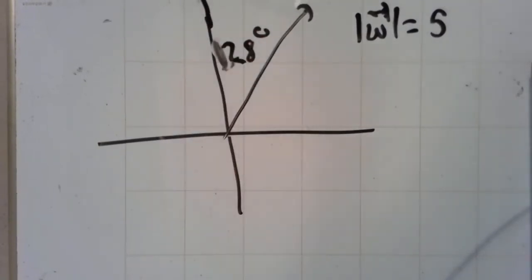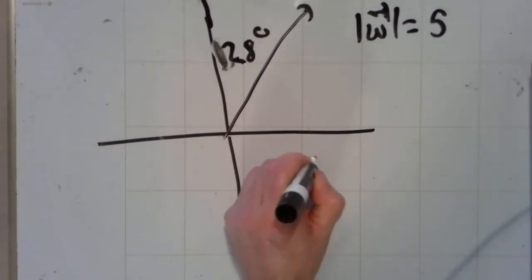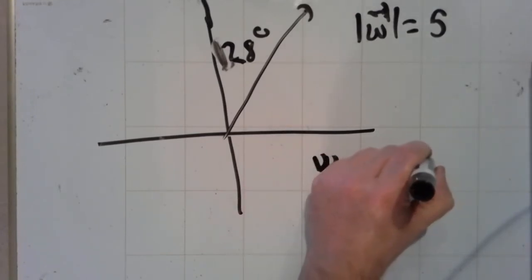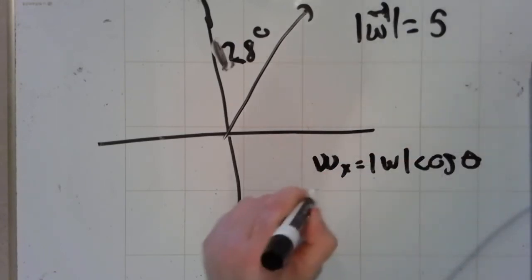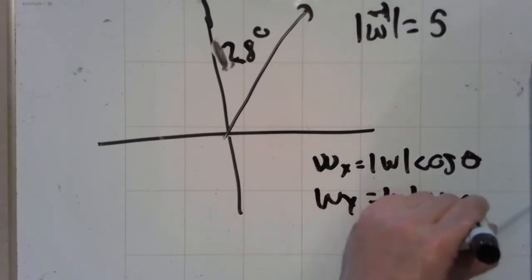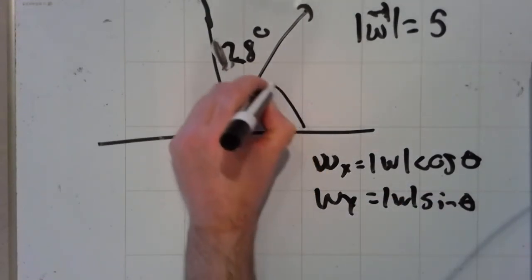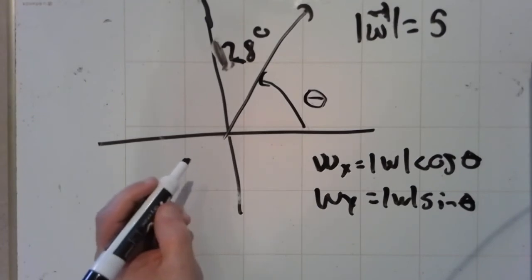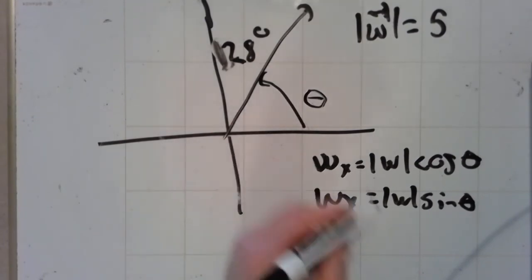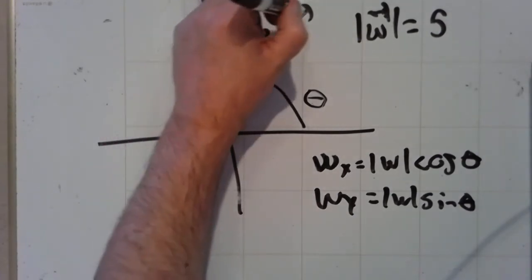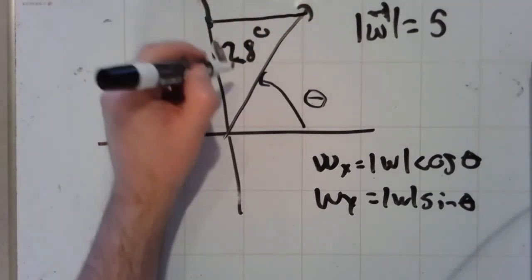So if I want to use those formulas I just wrote out, this would still be true. The x component is magnitude cosine of theta. The y component is the magnitude times sine of theta. But that only works if I'm measuring this angle, which is not 28 degrees. So I could go through the trouble of finding that angle. It's really not bad. Or I could just use the trig knowledge that I have.